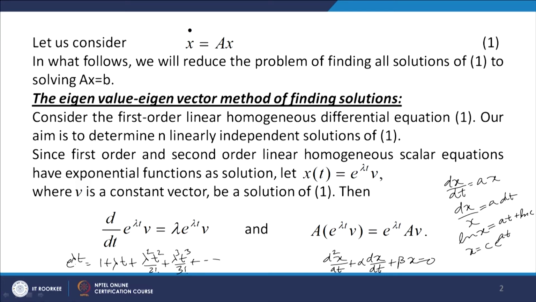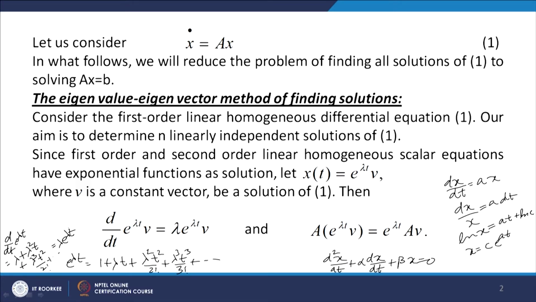So, when you differentiate this with respect to t, what you will get is lambda plus 2 lambda square t by 2 factorial, so we will get lambda square t, and then we will get 3 lambda cube t square by 3 factorial, so we will get lambda cube t square by 2 factorial and so on, which is equal to lambda times 1 plus lambda t plus lambda square t square by 2 factorial and so on, and so it is lambda times e to the power lambda t.